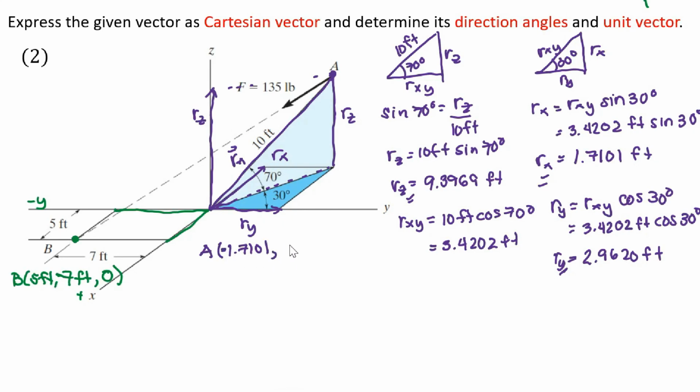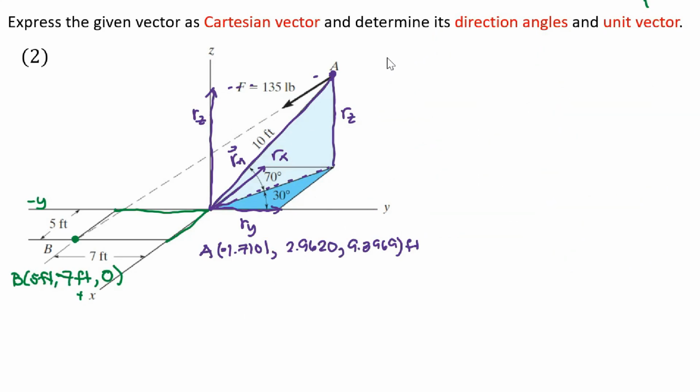For y, that is 2.9620, and since it's going to positive y, this is positive. And for Rz, that is 9.3969 feet, and that is positive since it's going up to positive z. We know now the position points.